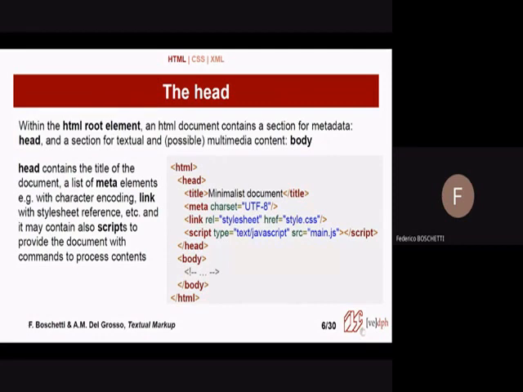So the head contains the title of the document, for example, a list of meta elements with character encoding, for example, and other information, and a link with a style sheet reference. And it may also contain scripts that provide the document with commands to process the contents, like in this example.